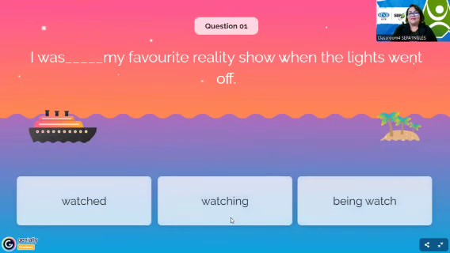I was blank my favorite reality show when the lights went off. And we have 3 options: watched, watching, or being watched. What do you think is the correct one? Observe the possible answers and think about it.